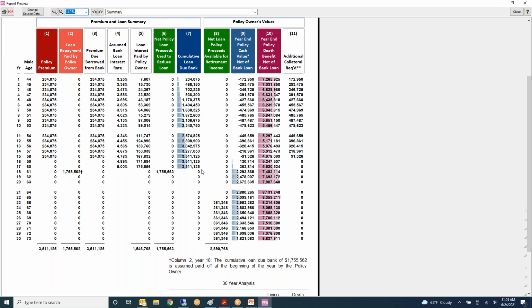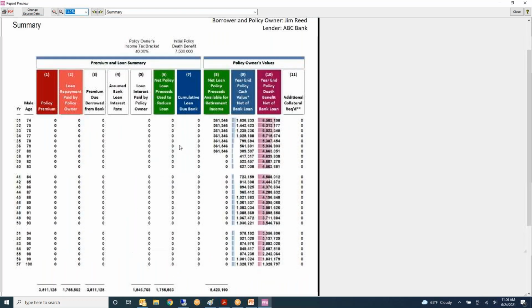Okay, and you have the loan repaid, and therefore there's no more ongoing interest costs, and he owns the policy free and clear. He gets the retirement income, and family gets this kind of death benefit protection. Okay, and it grows to be a nice big policy by age 100.